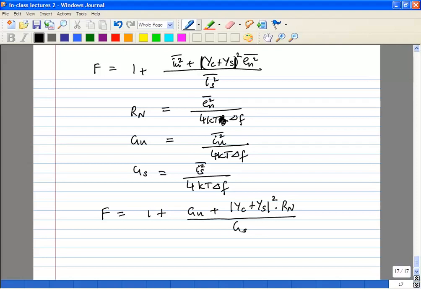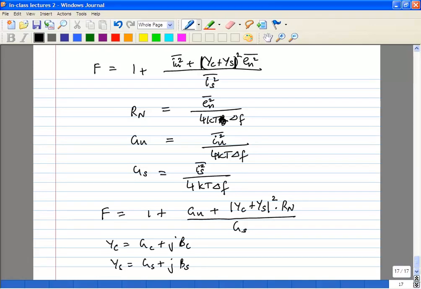So Rn, Gu, Gs are all real, but Yc and Ys in general may have a real part and an imaginary part. They are just admittances. So we are going to write Yc equals Gc plus jBc. Is that clear to everyone?